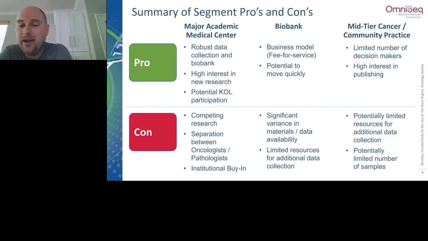And finally, relative to the other two segments, you will see quite a bit of variability in terms of the potential number of samples that these institutions might be able to contribute to a study. In our experience, you will be surprised by some institutions who you would never guess, and they may have tens to hundreds, maybe even more.